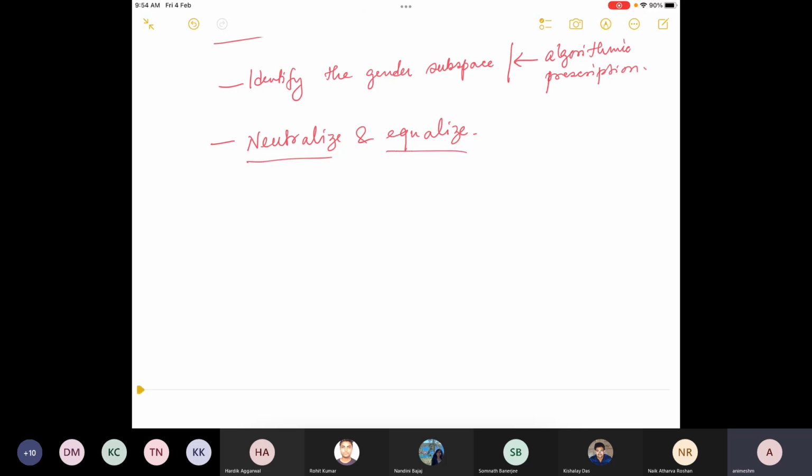So basically in the neutralize step, what you do is that the gender neutral words, can you tell me what is done?